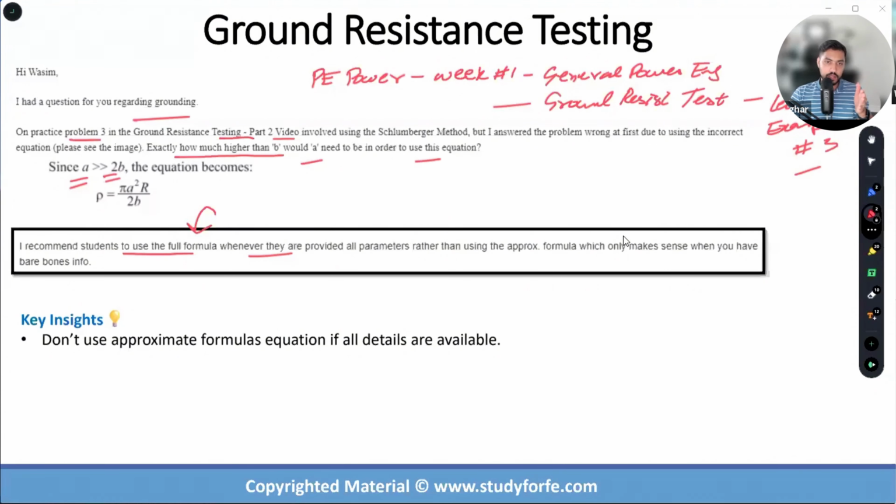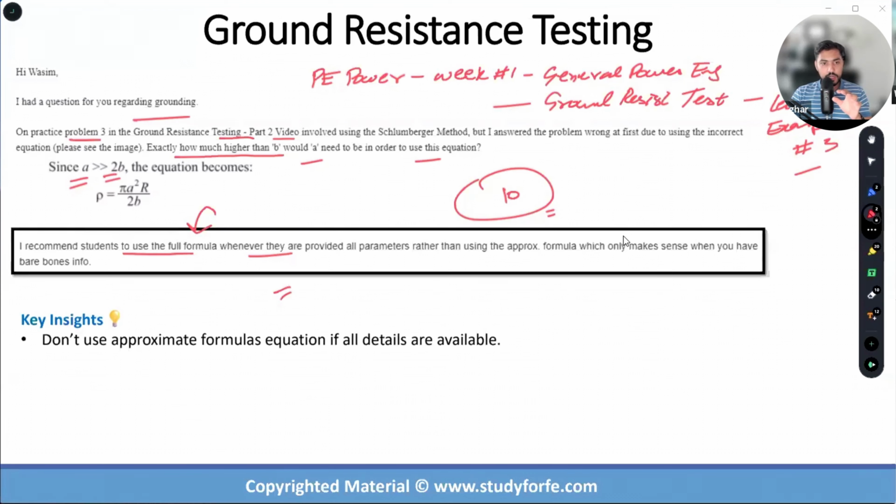I had another student follow up later on, and he came with some reference. It was not a very strong reference, so I'm not quoting it. But I think he said that when A is larger than 2 times, and that factor has to be a 10. But my recommendation is that if you are given all the parameters you need in order to use the full formula, just go with the full formula.